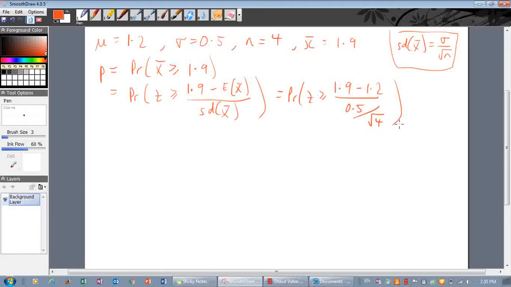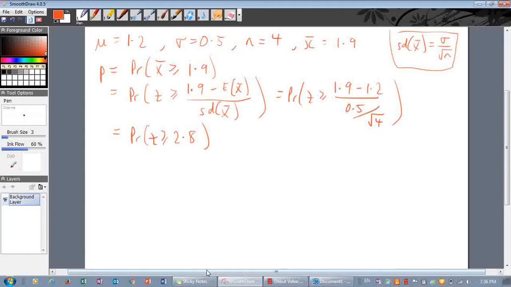So that's actually pretty simple calculation. That's the probability that z is greater or equal to 1.9 minus 1.2, that's 0.7, divided by 0.5 is effectively doubling, so that's 1.4 times by 2, so that's 2.8. Okay, probability that z is greater or equal to 2.8.